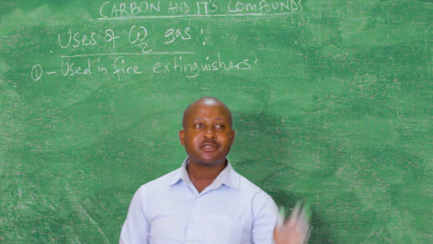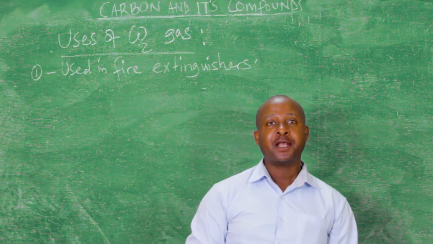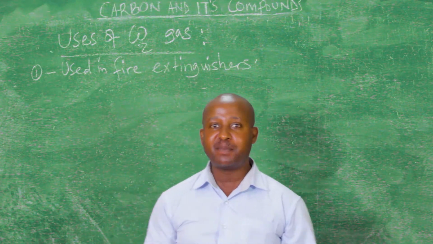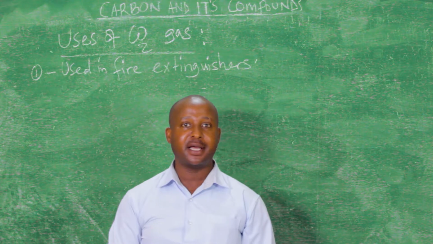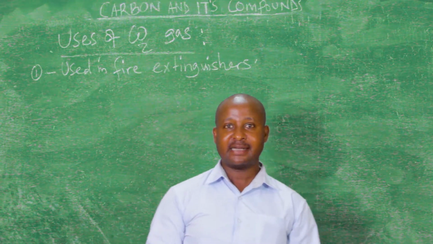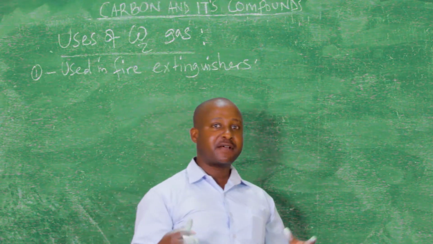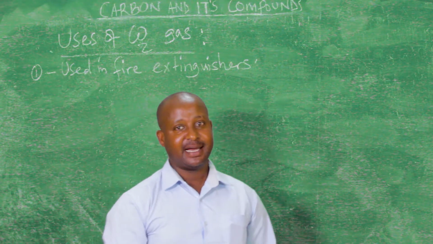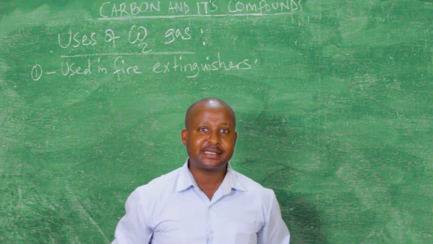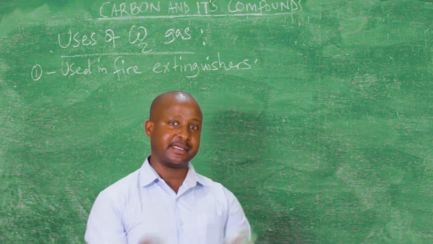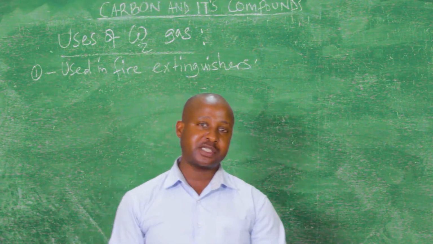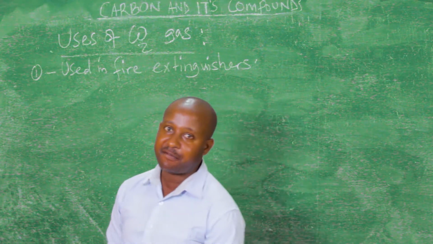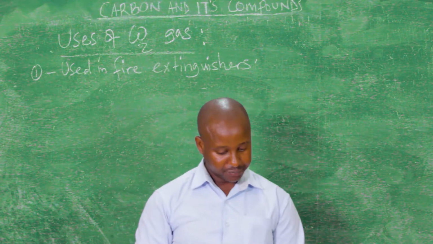You have seen some places catching fire. Under such circumstances, you've seen the fire brigade coming with gadgets. These gadgets, called fire extinguishers, contain carbon dioxide gas. When it is released on fire, because it does not support combustion, the fire is immediately blown off.